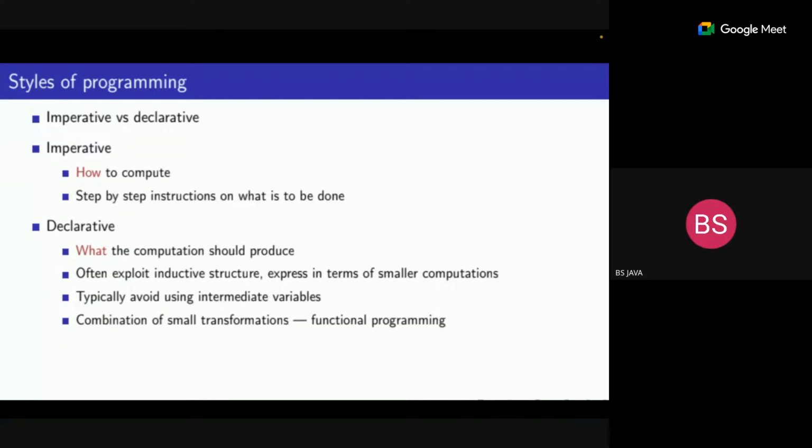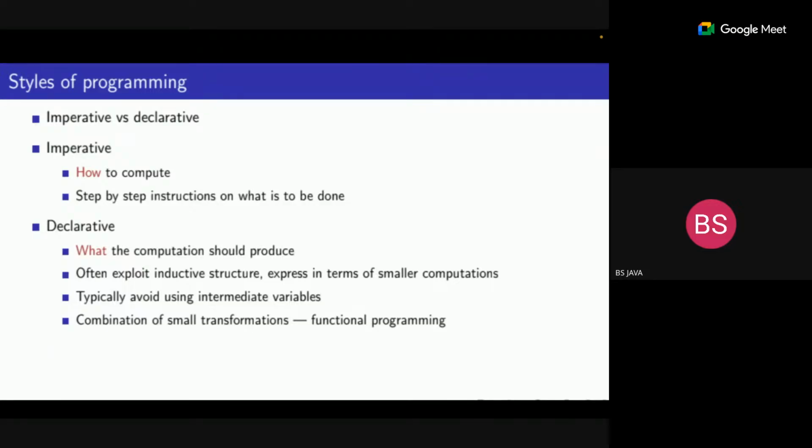And in declarative style, we focus more on what the computation should produce. So it's basically like you give something, get something out of it. Give something to a function or a procedure, get the result out of it. We don't care what exactly is done inside. And also in declarative style, we mainly focus on dividing our program into small functions or smaller computations and combining them together.